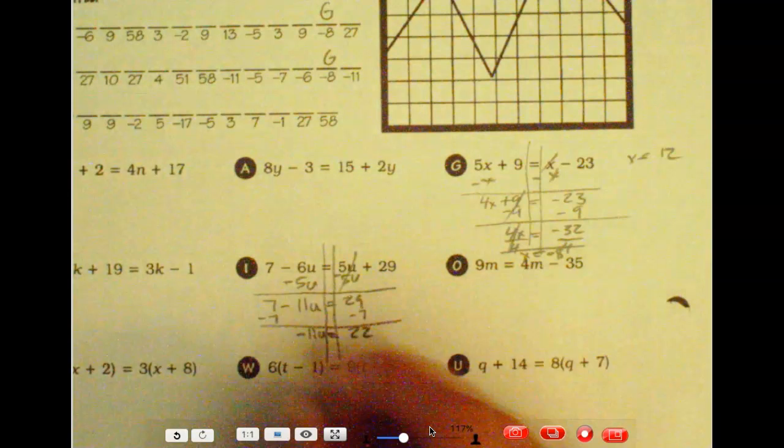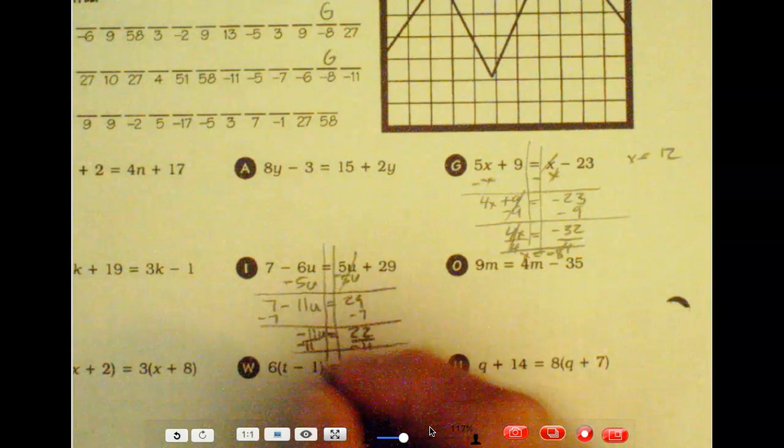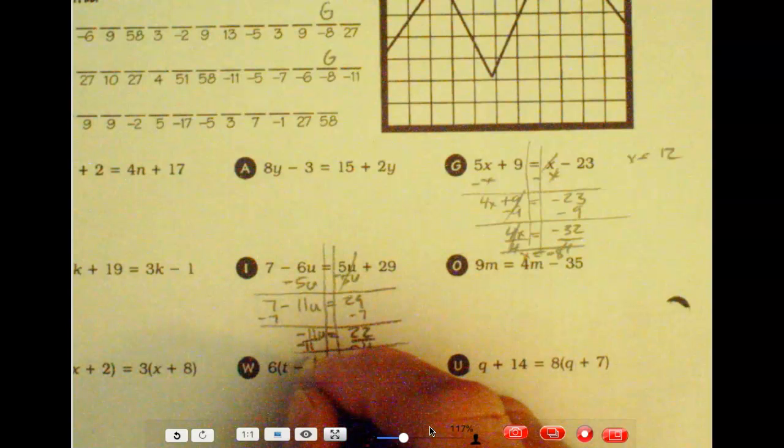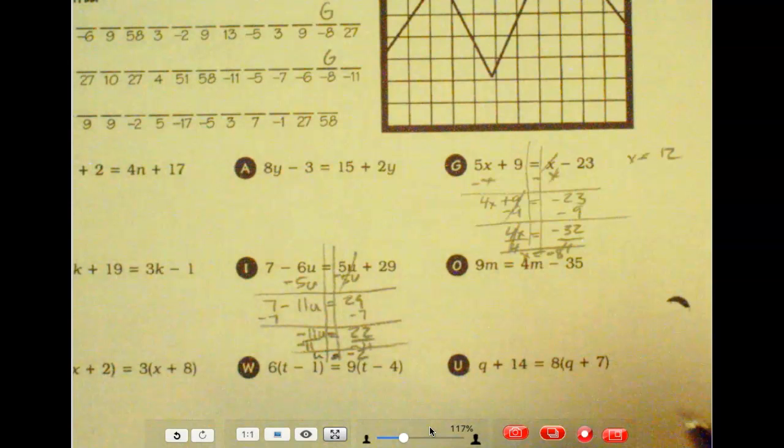Alright, so now I'm going to divide by a negative 11, divide by a negative 11. We get that down to U equals 22 divided by 11 is 2. One negative sign, it's going to be negative 2.